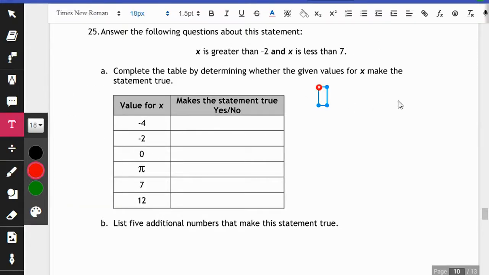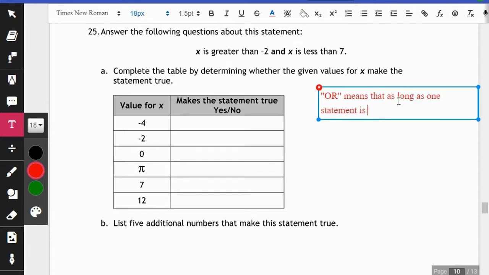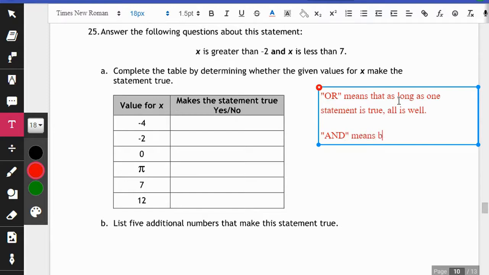Or means, in math, it means that... So and means both statements have to be true at once.